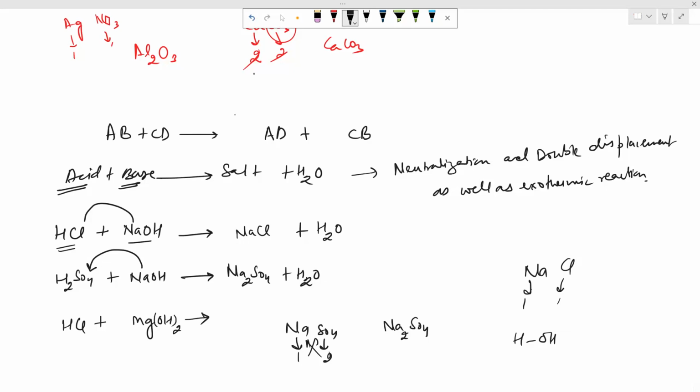It will be MgCl2 plus H2O, because magnesium has valency 2 and chloride has valency 1. So cross multiply, you will get MgCl2. But in this type of reaction, no precipitate is formed.